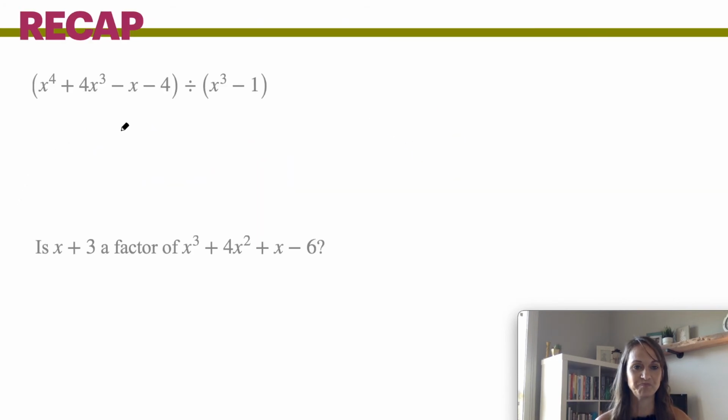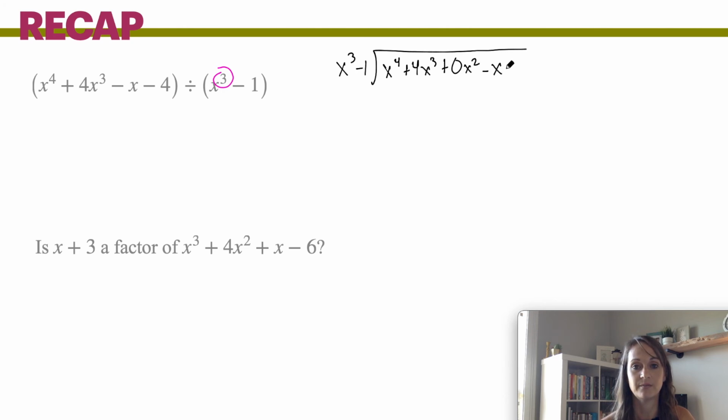So recap. If I was to divide these, I would have to use long division because I have an exponent. So to do that, I'm going to do x cubed minus 1 goes into x to the 4th plus 4x cubed. There is no x squared, so I need to put a placeholder, minus x minus 4.